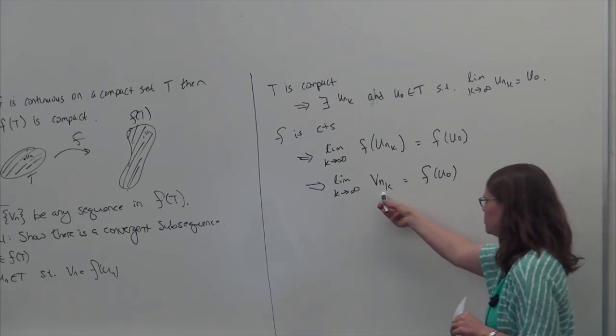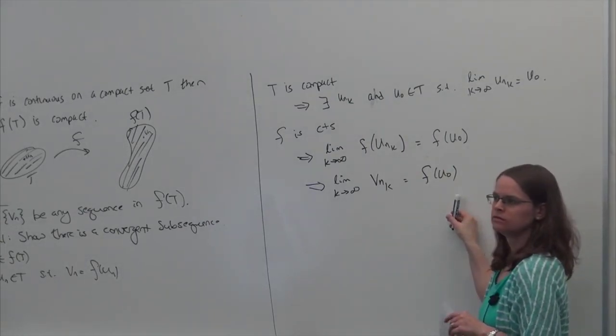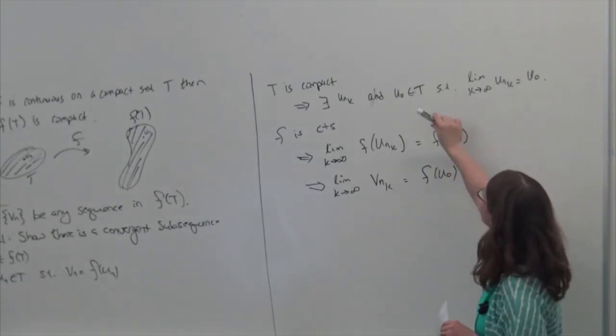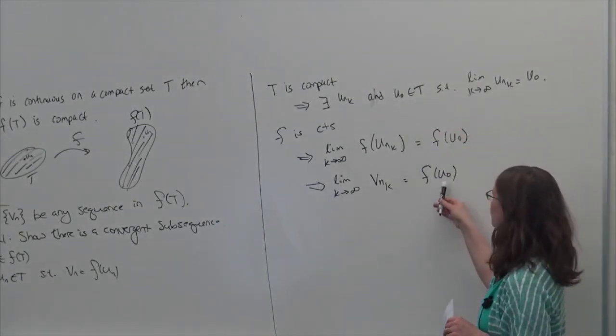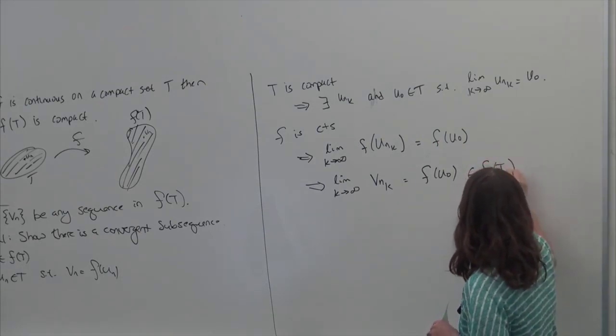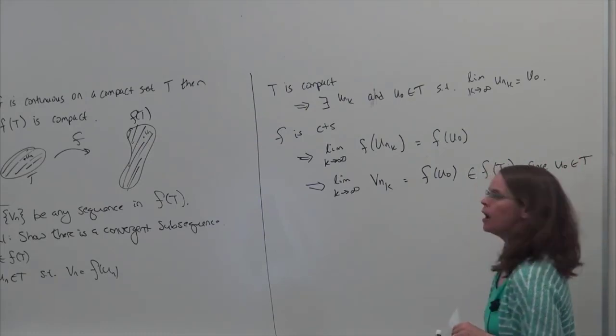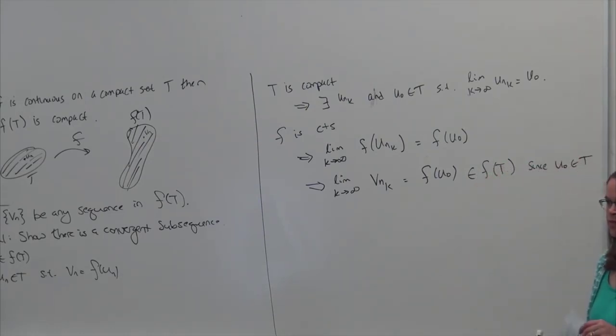So we've got a subsequence that converges to something. Does this live in the image set? For sure. u naught lives in T. So this certainly lives in the image set. And that's it. We found a convergent subsequence.